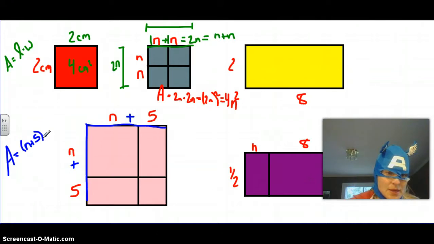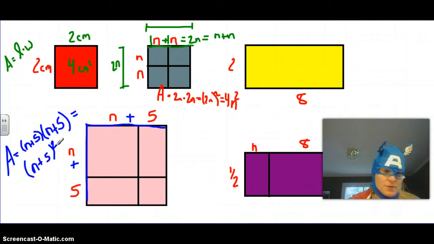And then we would multiply that by the width, which is also n plus 5. And we can simplify this, because they're the same thing, and say that's n plus 5 squared. Okay? Because it's the same times the same.